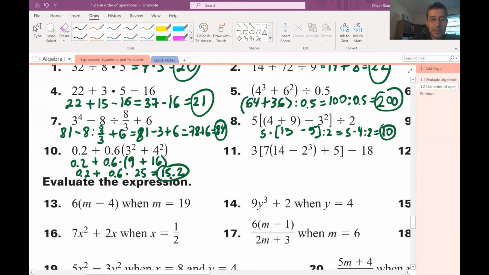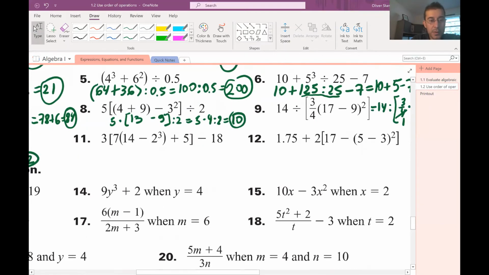Number 11, powers first. So 2/3, 2 cubed. That is 2 times 2 times 2, which is 2 times 2 is 4 times 2 is 8. So this becomes 8. So 14 minus 8, right, which is 6, right? And then we do multiplication.